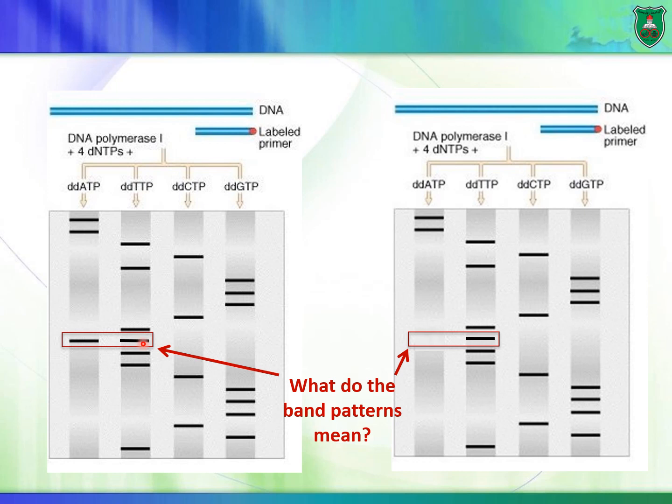Our cells are diploid. What do we mean by diploid? It means that we have 2 copies of every chromosome. We have one from our mother, we have one from our father. So there is possibly a variation by one nucleotide between the mother's DNA and the father's DNA in that particular DNA that we are sequencing.